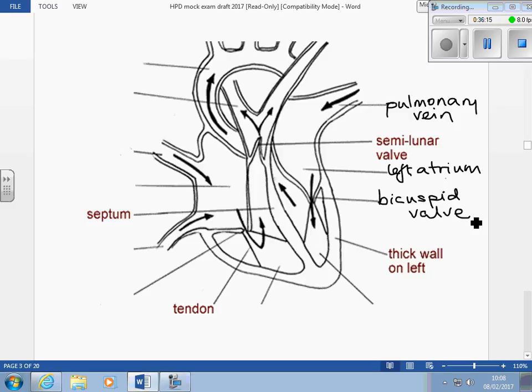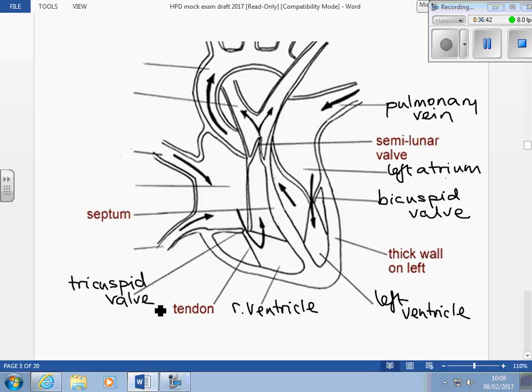And then round at the bottom we've got left ventricle. Coming round the bottom there we've got right ventricle. Coming up we've then got the tricuspid. Followed by this one here. Yeah, that's the inferior vena cava. I almost missed that one actually.